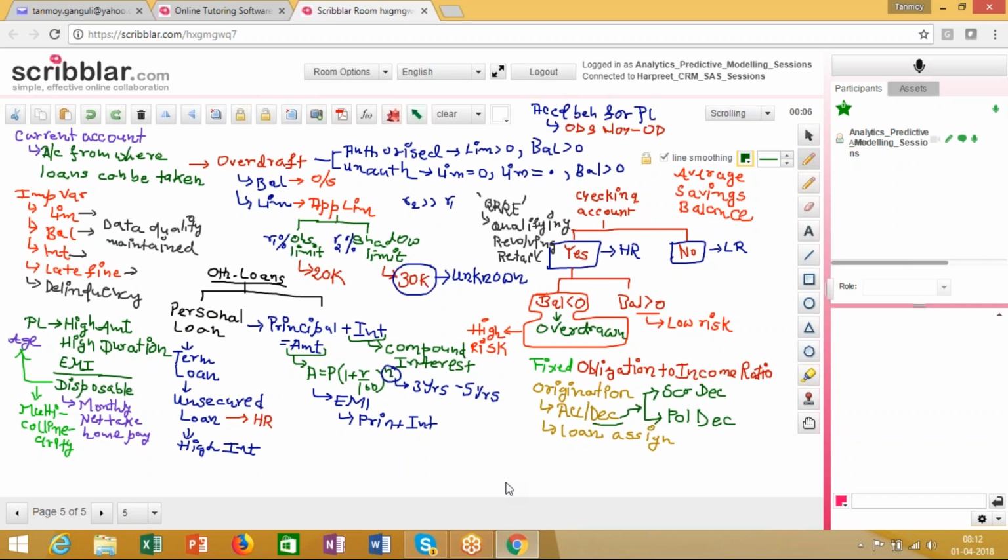For example, some products may be available only for the staff of the bank, and I may be a non-staff outsider, so I am not eligible for that. If I apply, I would not be given that product because it is solely available for staff. That is a case of policy decline.